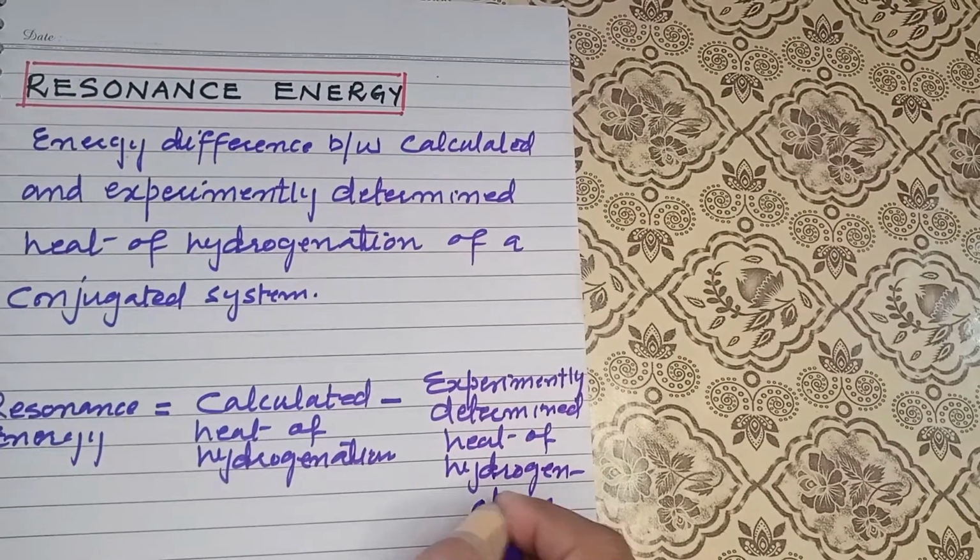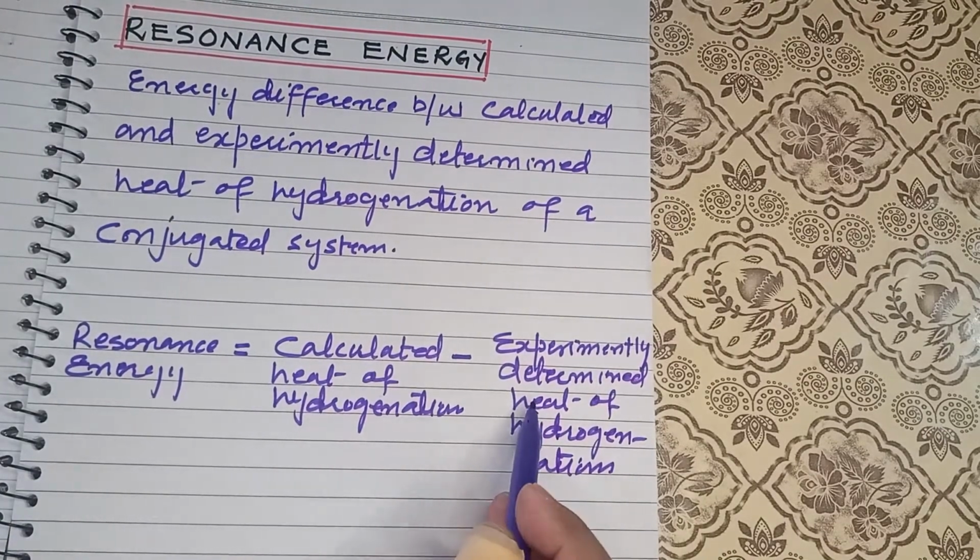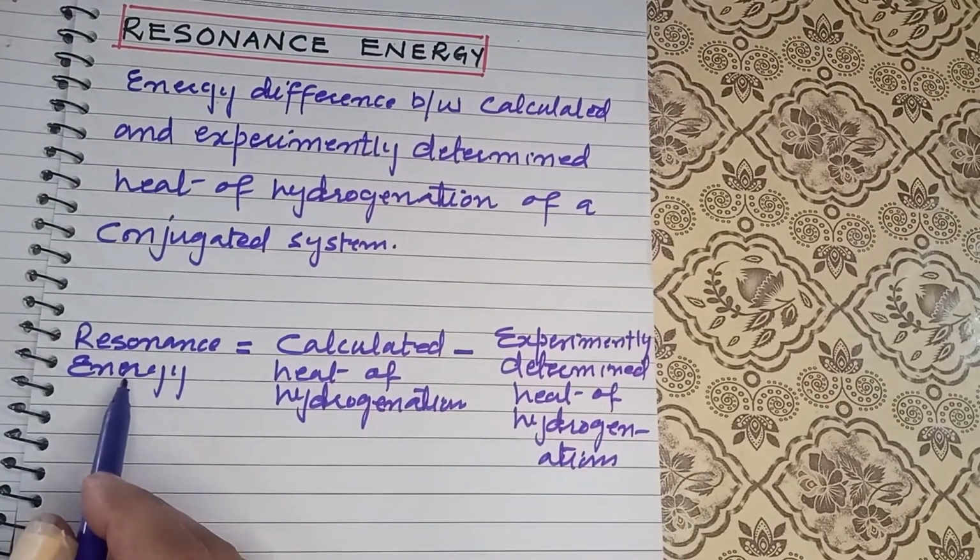So by taking the difference of the calculated heat of hydrogenation and the experimentally determined heat of hydrogenation, we can calculate the resonance energy.